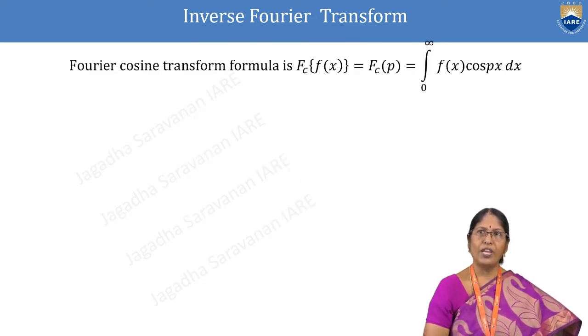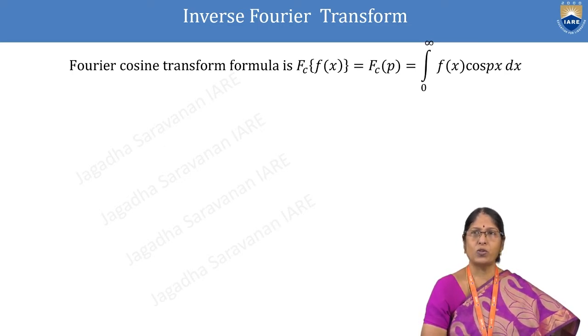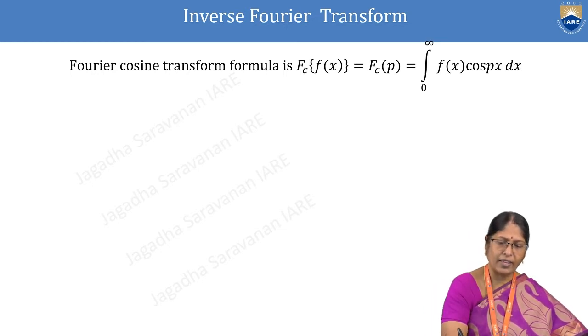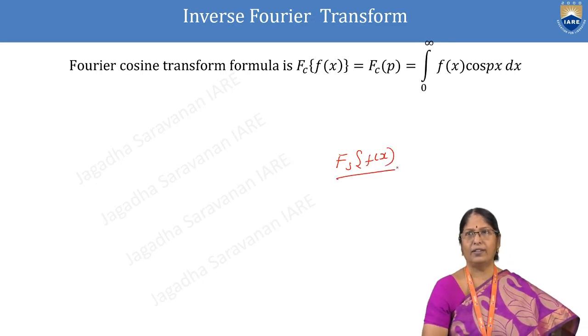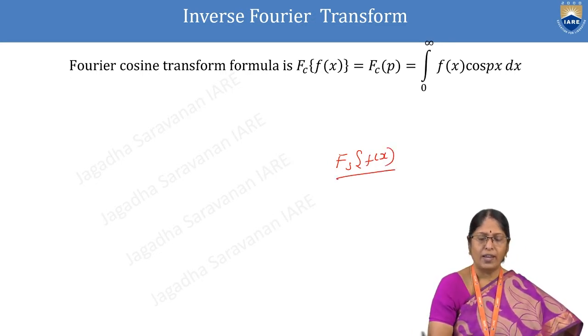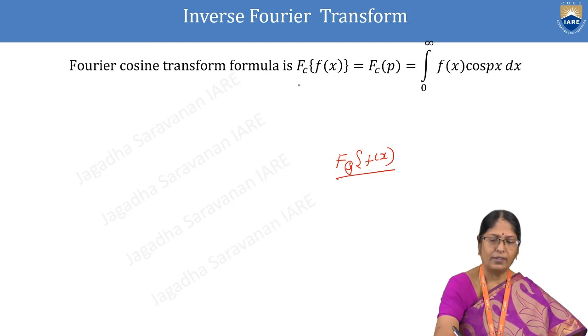Now, the Fourier cosine transform formula. The difference between the Fourier sine transform formula and the Fourier cosine transform formula is the s of f of x. This is Fourier sine; if it is Fourier cosine, in place of s we replace it by c.